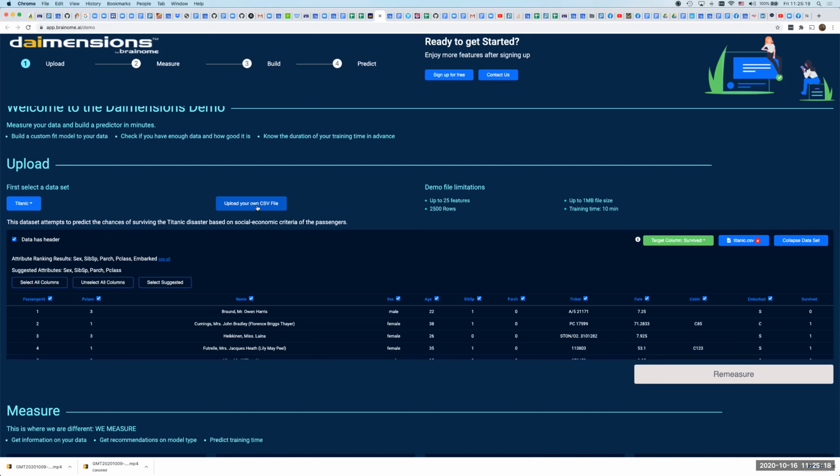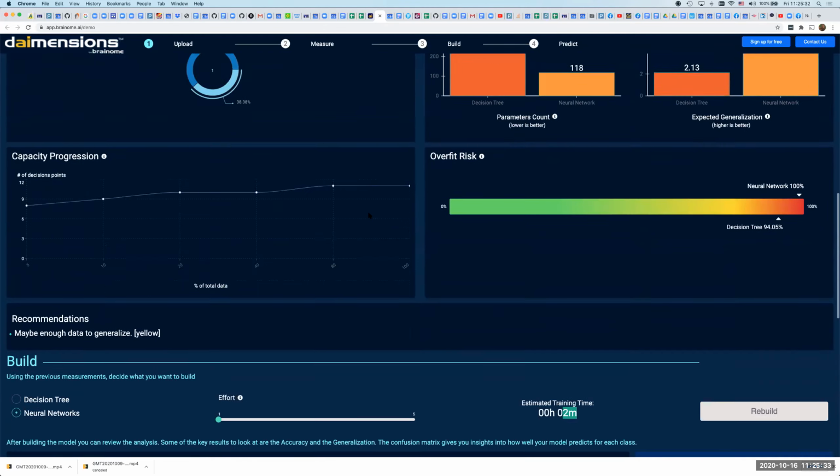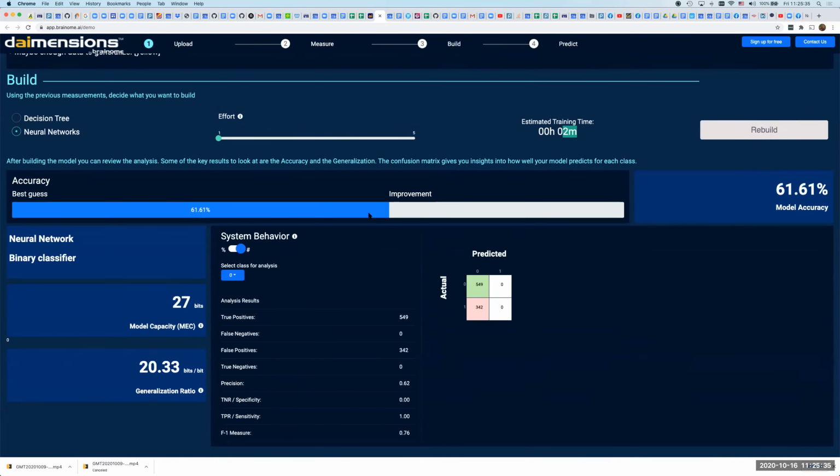Okay, I see. So one more question. If you know the network capacity that will be required to train a classifier for a specific data source, can you basically build a compression algorithm?